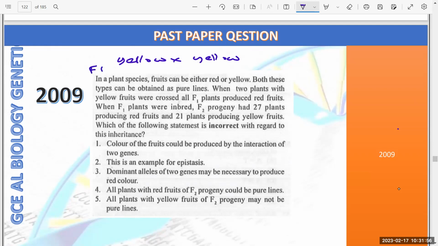So the F1 generation is red. When F1 plants were inbred, that is red and red, the progeny had 27 plants producing red fruits and 21 plants producing yellow fruit. So 27 red, 21 yellow.